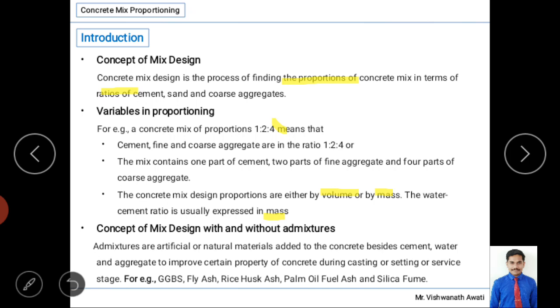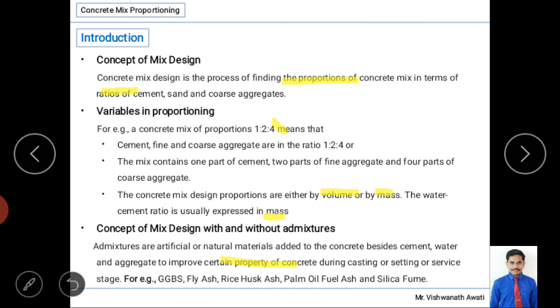Mineral admixtures are artificial or natural materials added to concrete besides cement, water and aggregate to improve certain properties of concrete during casting, setting or service stages. So the main intention of adding admixtures is to improve certain properties of concrete.